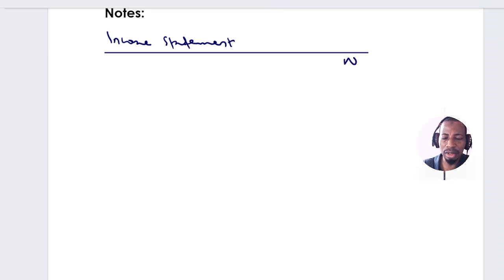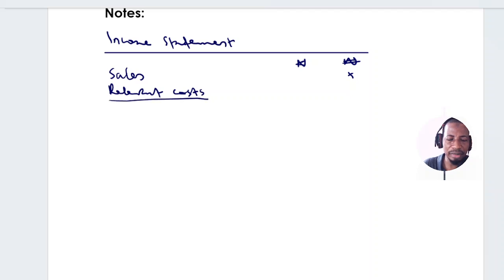So you create a column for the credits and the debit side of the affected segment. The first item here will be the sales value. Under the economic analysis, you want to compare the sales value versus the relevant cost of making the segment, whether it will produce a positive or negative contribution. So you put down the sales value there. Then you compare with the relevant cost of the affected segment.